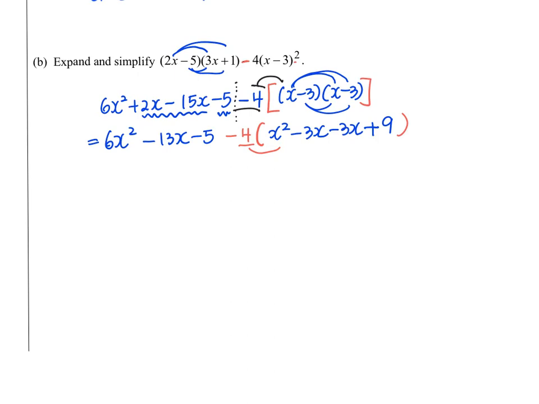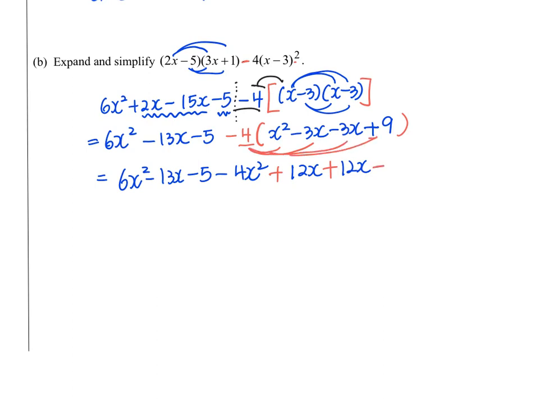Okay, and then we'll have 6x squared minus 13x minus 5. Subtract 4x squared. Minus times minus plus, 3 times 4, 12x, plus 12x, minus 36.